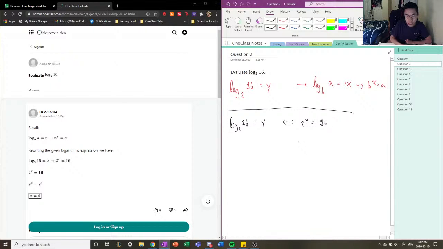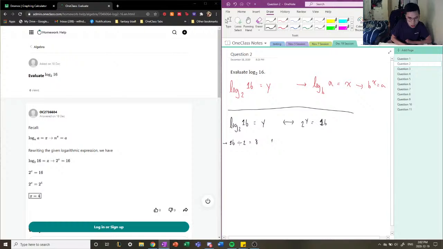The way I like to do this with any base is to divide 16 by the base until we get an irreducible number. So let's do this. 16, if we were to divide it by 2, we will get 8. So that's 1.